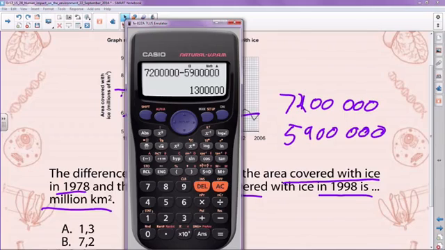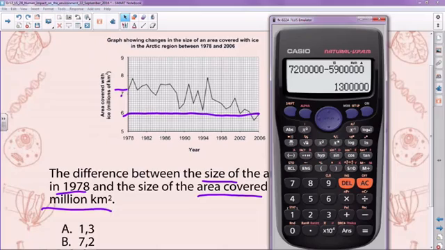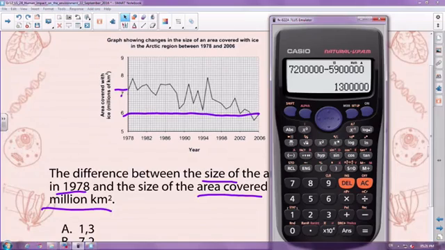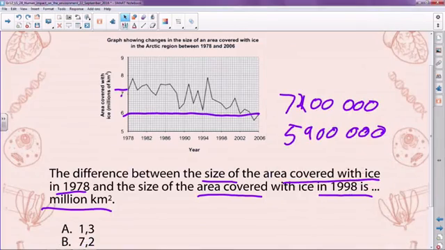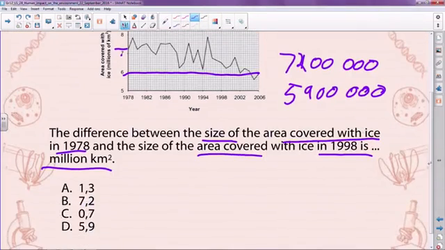You will get to 1,300,000. It is A. Hopefully you got that answer.